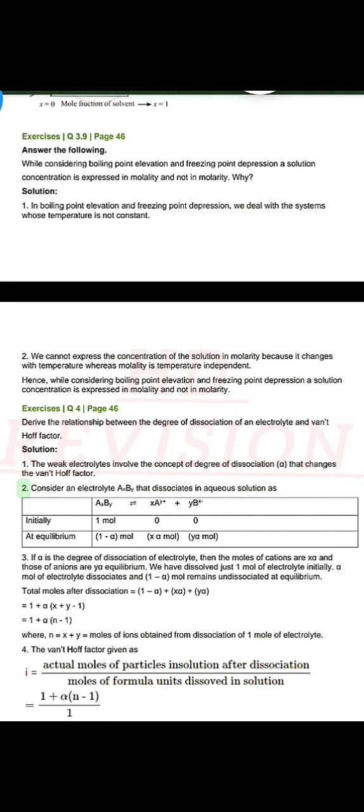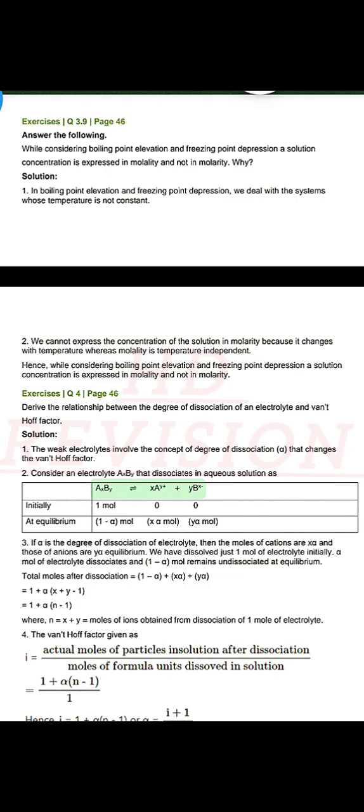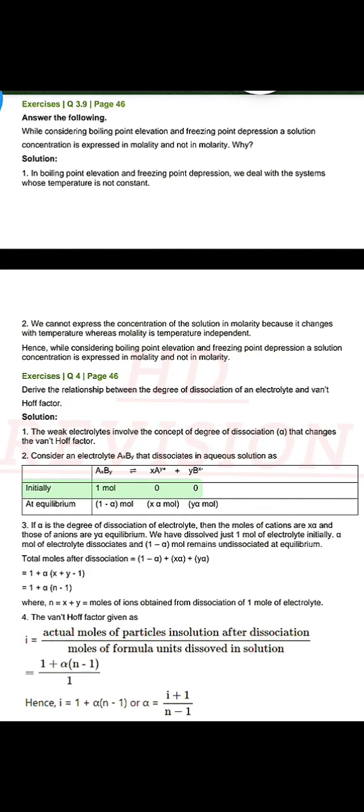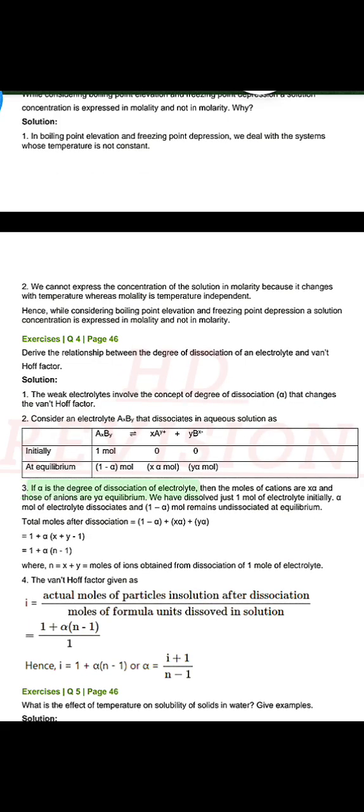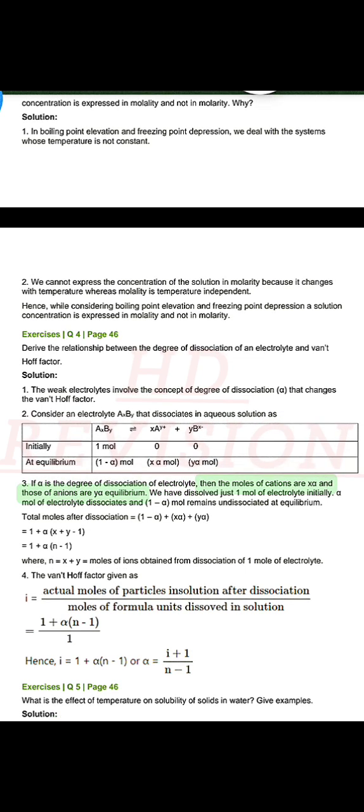Consider an electrolyte XxYy that dissociates in aqueous solution as XxYy ⇌ xX + yY. Initially 1 mole, 0, 0. At equilibrium, 1 − alpha mole, x alpha mole, y alpha mole. If alpha is the degree of dissociation of the electrolyte, then the moles of cations are x alpha and those of anions are y alpha at equilibrium.